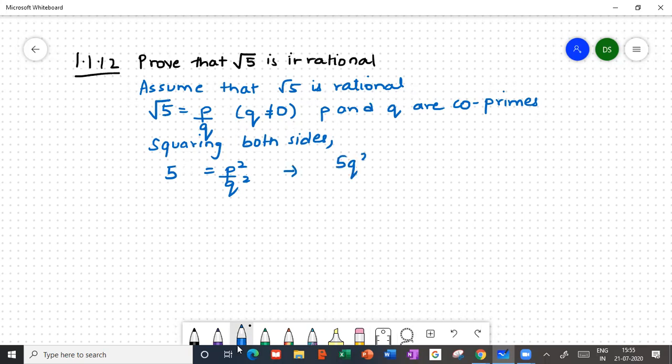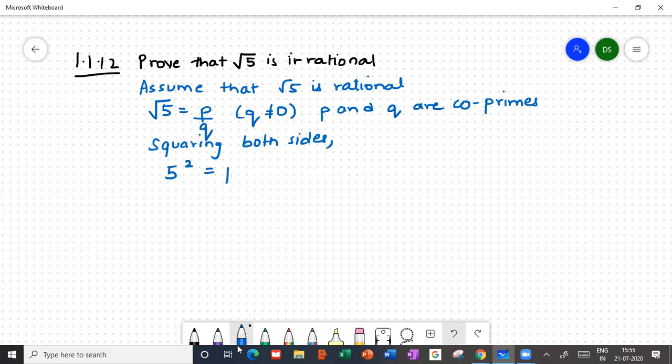So then 5Q square is equal to P square. 5 is a factor of P square. That means 5 is also a factor of P. Okay, so before doing that, wait. Instead of writing this, can I just write it like this? So 5 is equal to P square by Q square.